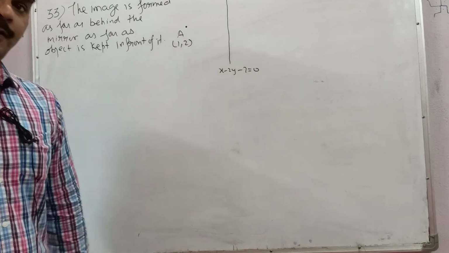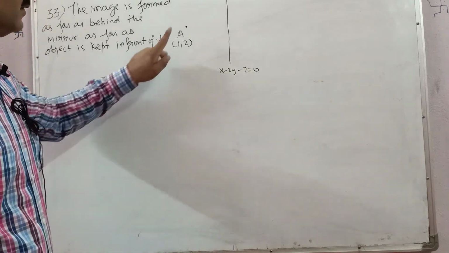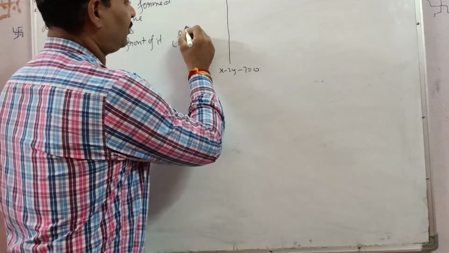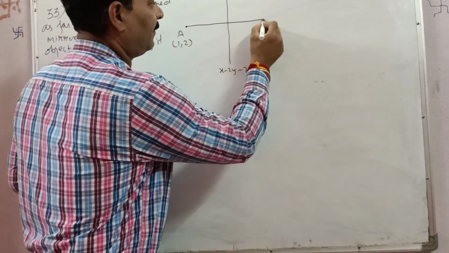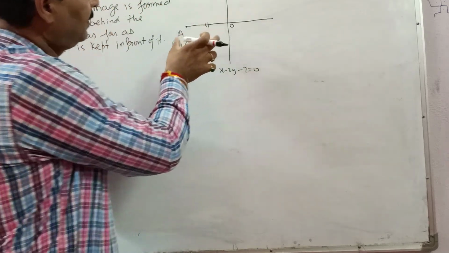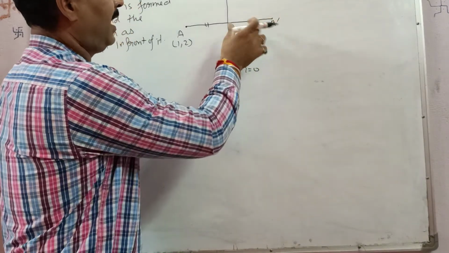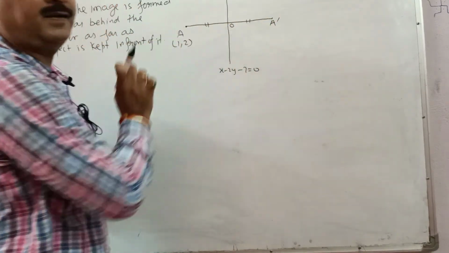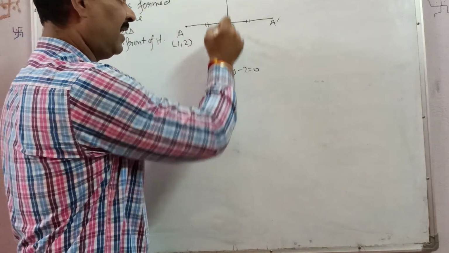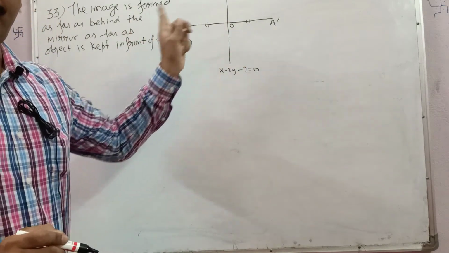This we have learned in class 7 or 8, the reflection. So from this, that means the image of A will be as far from the reflecting line as the object is kept in front of it. That means this line is the perpendicular bisector of A and A dash.